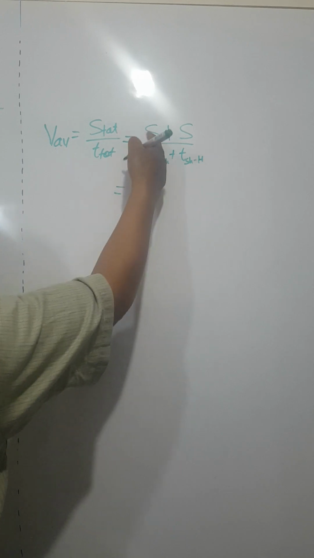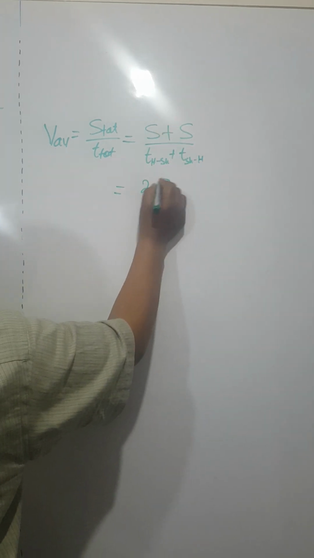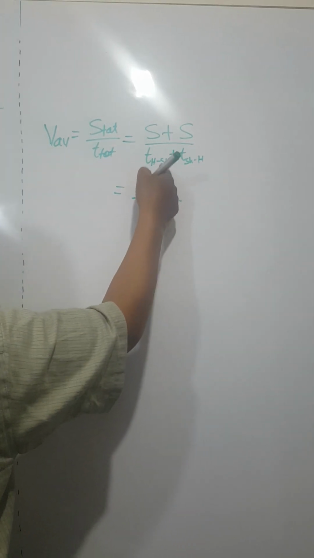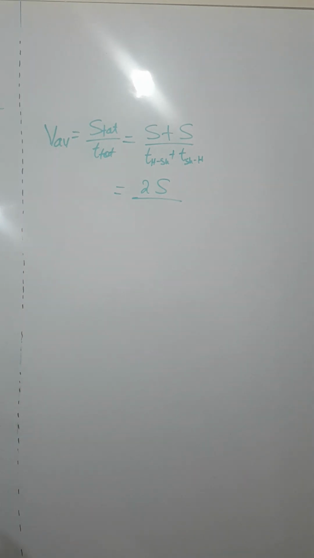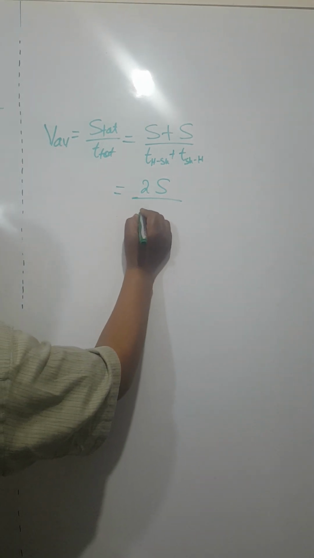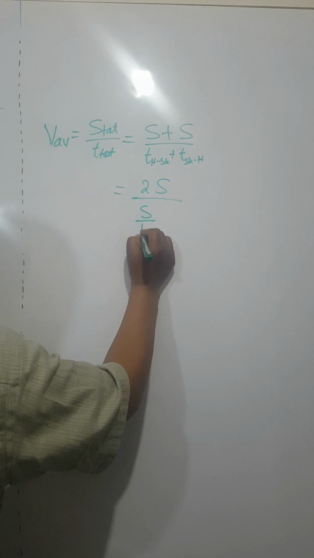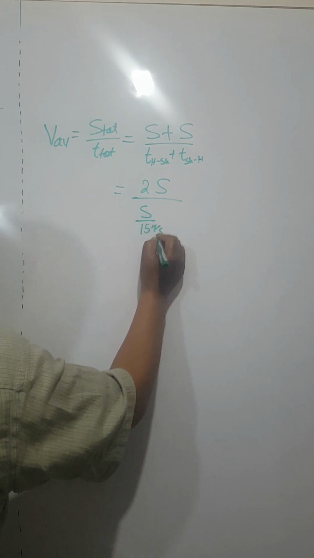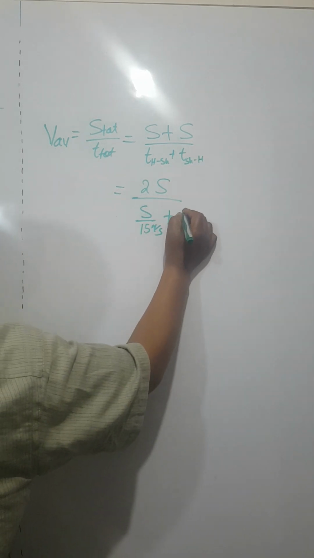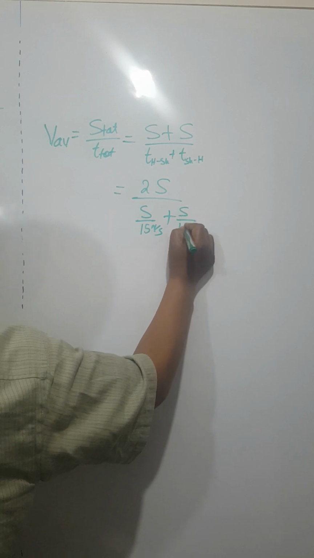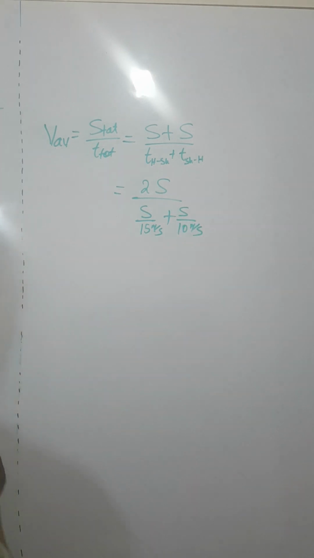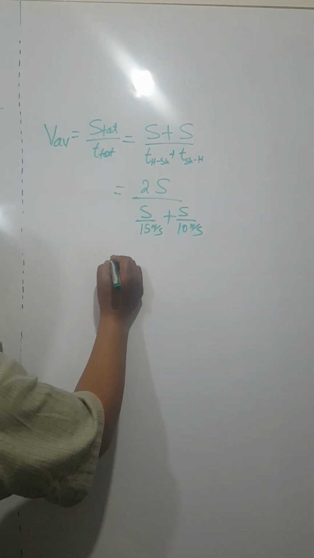Now we said that this is 2 times S divided by the distance over 15 meters per second, plus the distance over 10 meters per second.